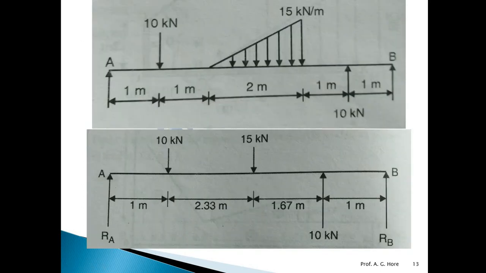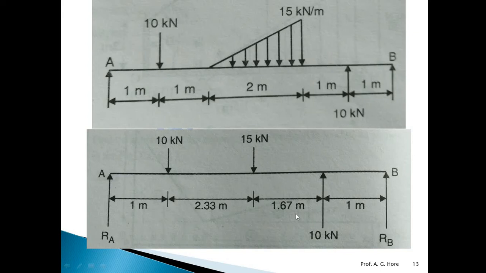So the 2 gets cancelled, the point load is 15 kilonewton, and it acts at B by 3 from the base and 2B by 3 from the apex. That length is 2, and we want to calculate from this point, so 2.33, and from this support, that is 1.67 meter.